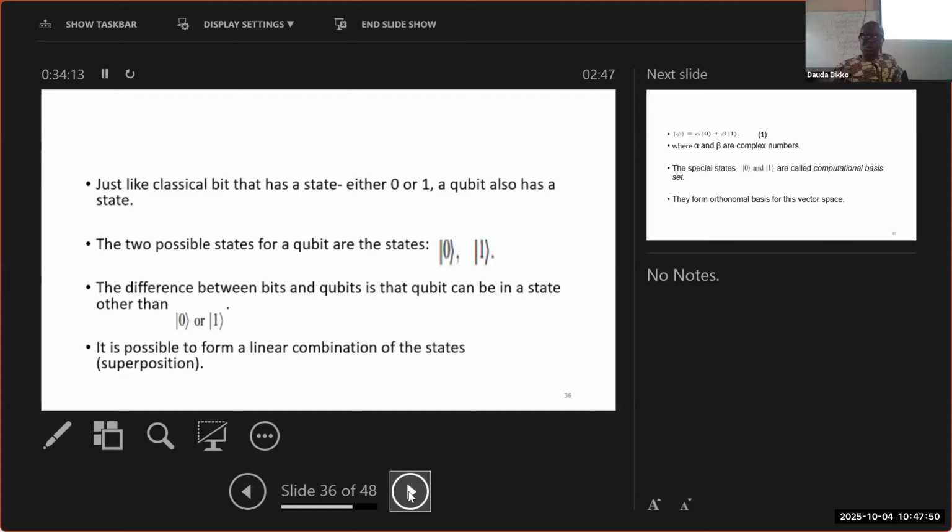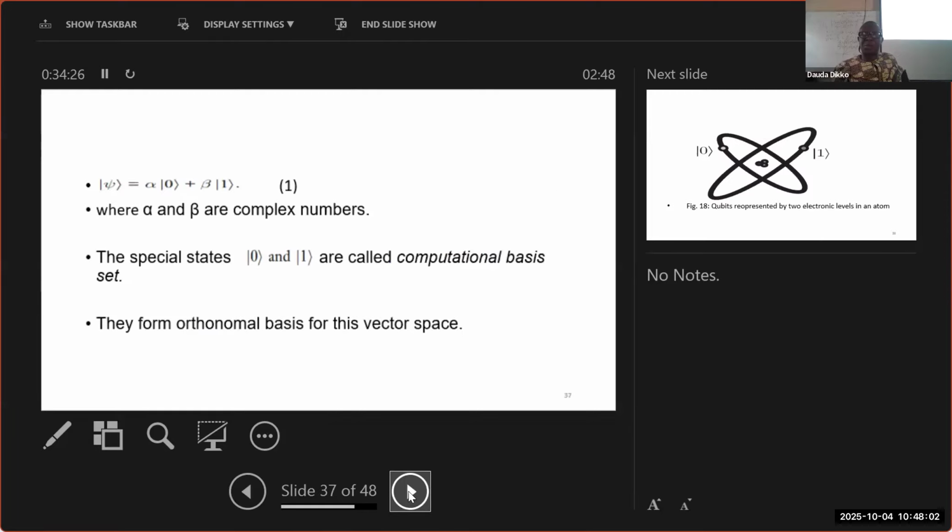And that is what makes the difference between classical computing and quantum computing, due to superposition. So we can now represent the possible state by psi, where psi is equal to alpha|0> plus beta|1>.